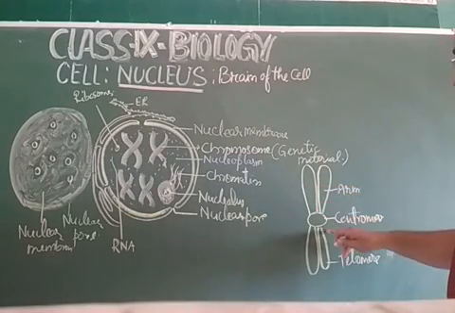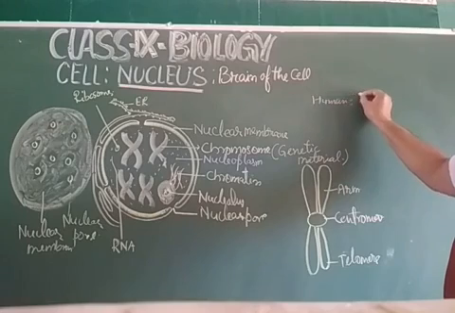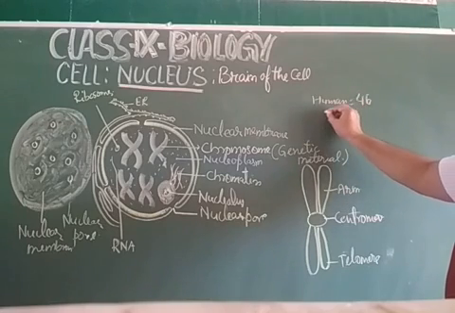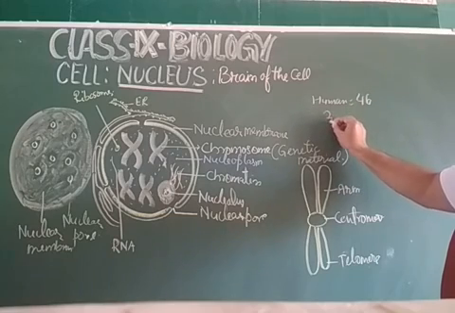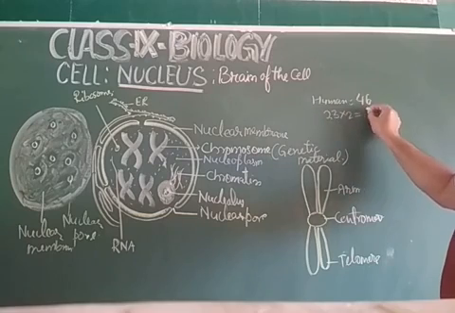So this is the genetic material. For example, in the human cell the number of chromosomes is 46, that is 23 into 2, so there will be 23 pairs.